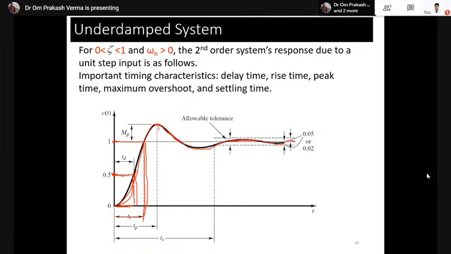The first maximum peak value is known as the maximum overshoot, and the time taken to reach this peak value is known as the peak time.